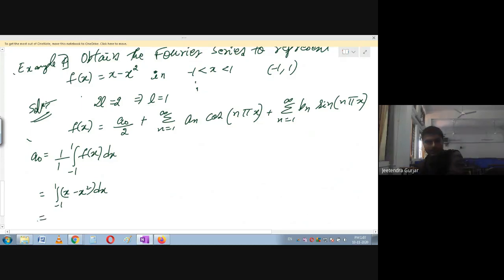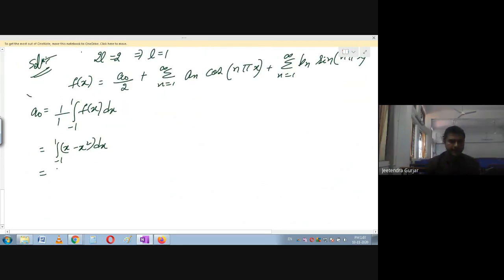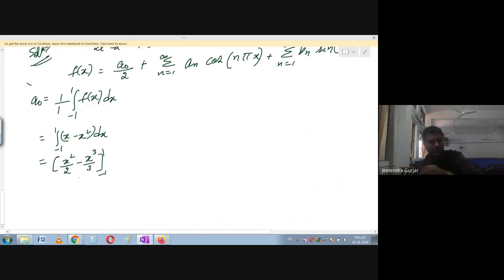You can see integration of x is x square upon 2 minus integration of x square is x cube upon 3. Upper limit and lower limit 1 and -1. Okay, first you substitute 1 and then you substitute -1. Put it in the calculator and tell me the answer, friends. You are going to get this as -2 upon 3. So a naught you have calculated very easily.